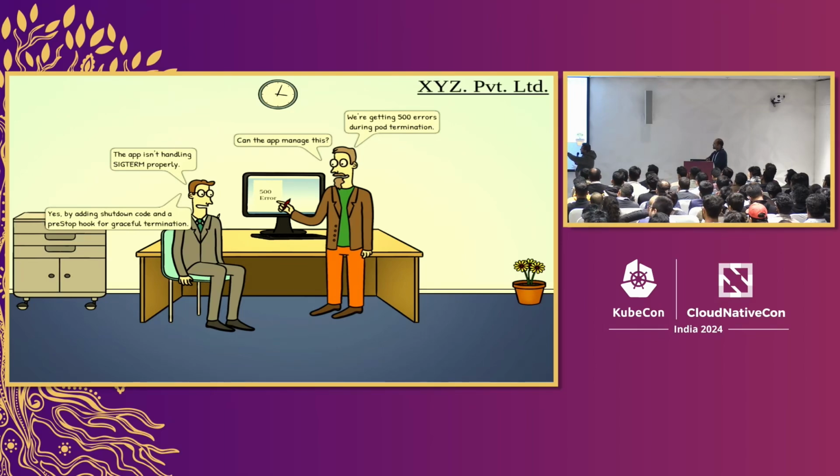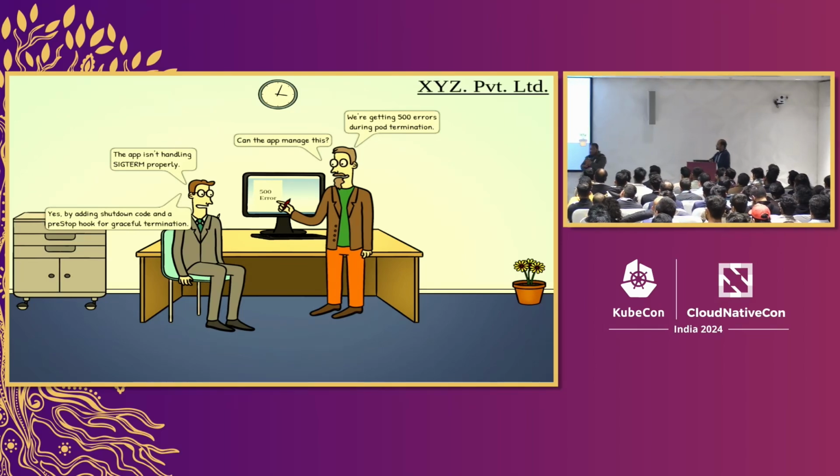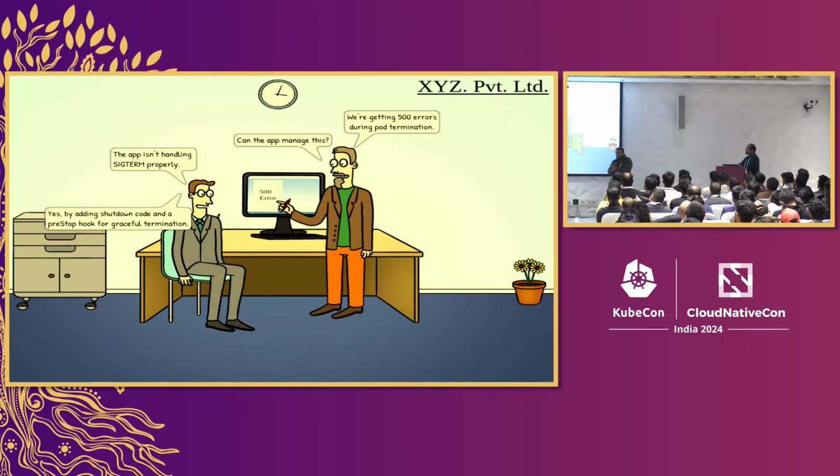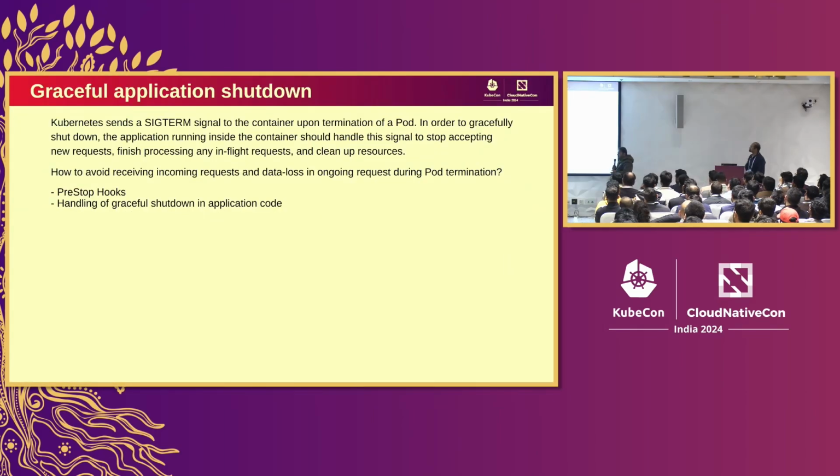So he recommended that we should handle the SIGTERM signal properly, to make sure that whenever this application pod is deleted, all the cleanup happens, and all the in-flight requests are completed on time. So this is also one of the recommended strategies to achieve zero downtime upgrades. Let's discuss more about this.